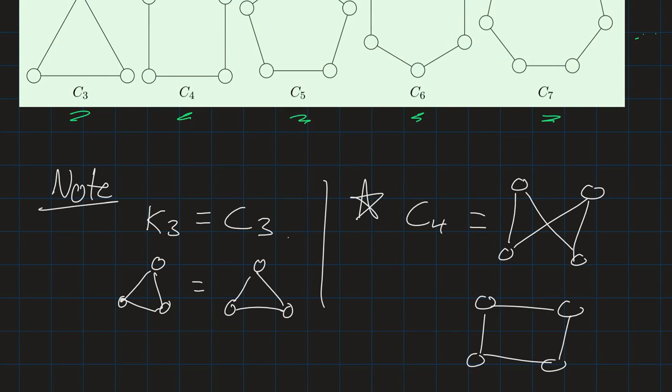They're isomorphic, so I still count this as C4. These names, the cyclic, you're talking about the isomorphism class of the graph. Okay? That's the end of this video.